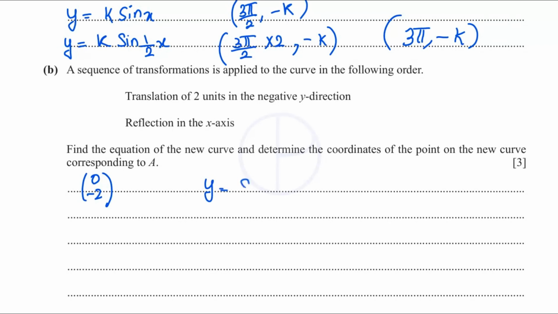So y is equal to k sine 1 over 2x becomes k sine. This is the translation along the y direction. So you will get f of x minus 2, that is k sine 1 over 2x minus 2.